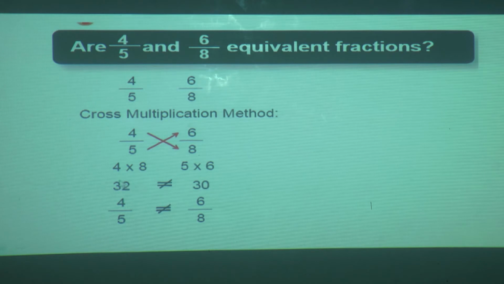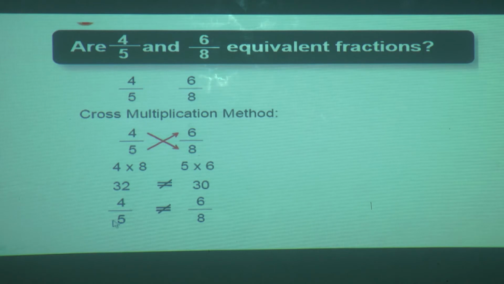If I had 30 here, then I could say both are equal, but here we have 32, so it is not equal. The sign is of not equal. First write the equal sign and just cross it. So 32 is not equal to 30.